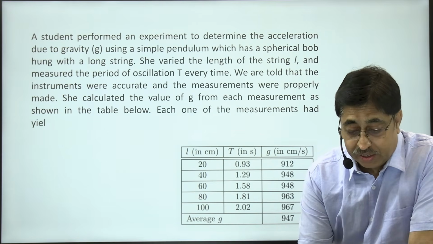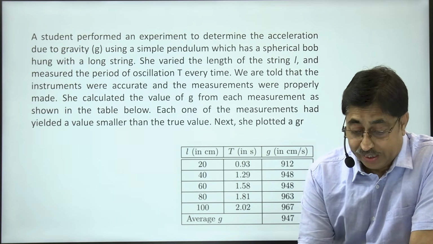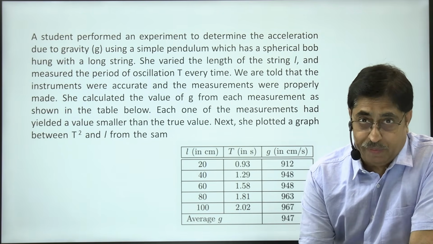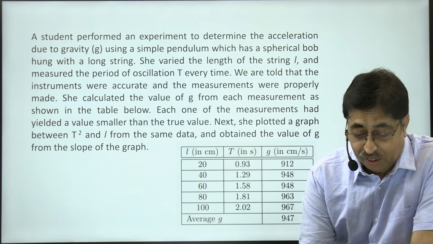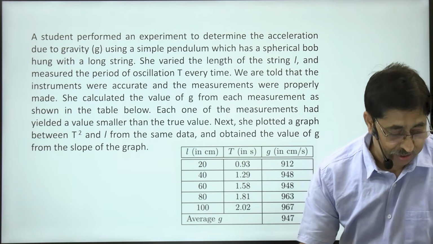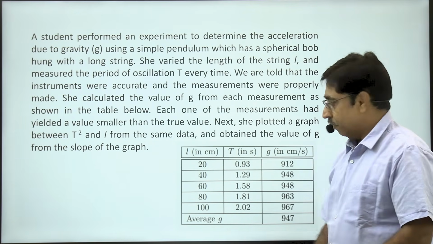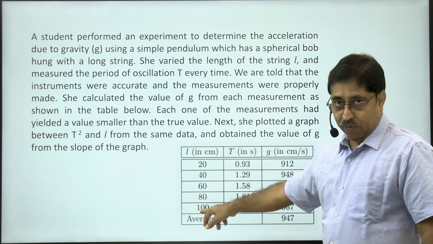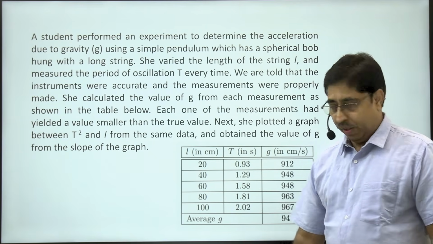Each one of the measurements had yielded a value smaller than the true value. Next, she plotted a graph between T square and L from the same data and obtained the value of g from the slope of the graph. Now, this is the table recorded by the student. These are various values of L, and these are recorded values of time period.